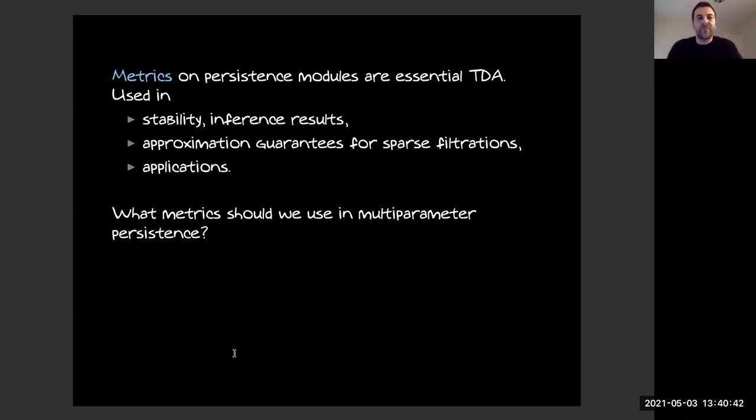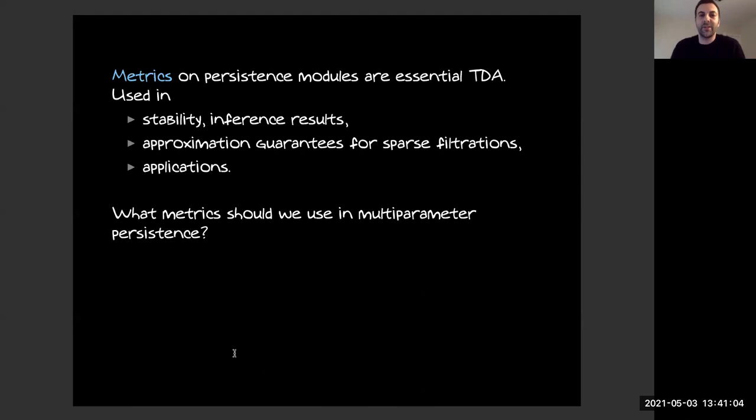Now, this is a talk about metrics, and metrics on multi-parameter persistence modules are really important both in theory and in practice of TDA. And on the mathematical side, I would say that what really gives the mathematics of TDA its unique identity is the emphasis on metrics.